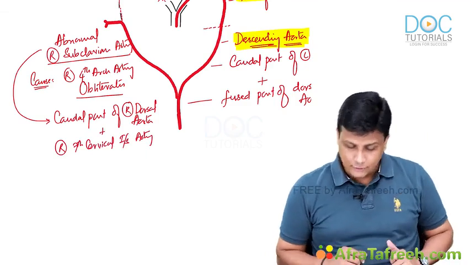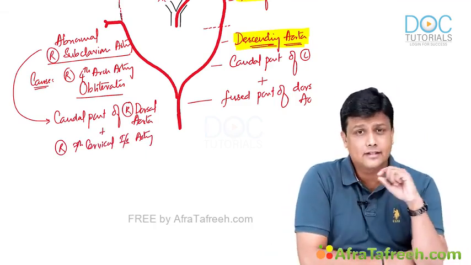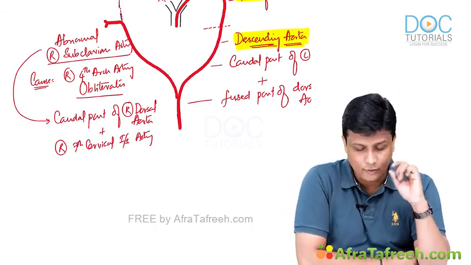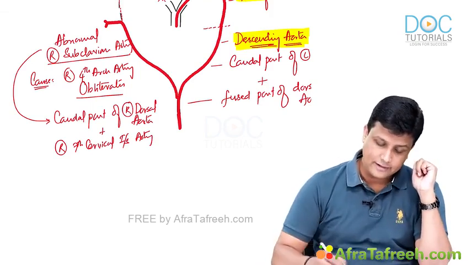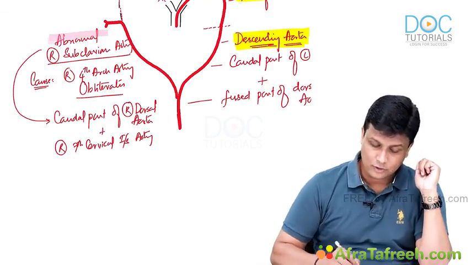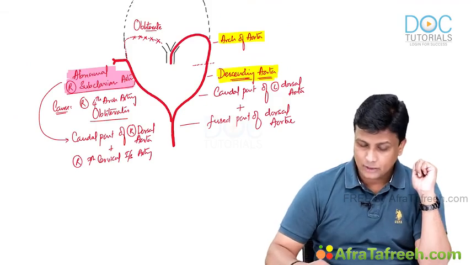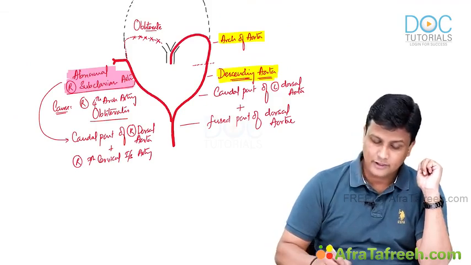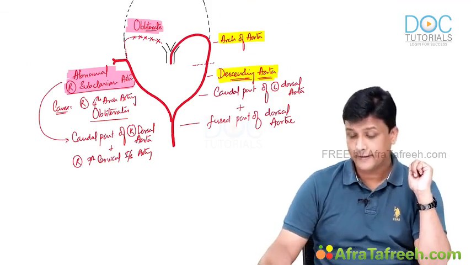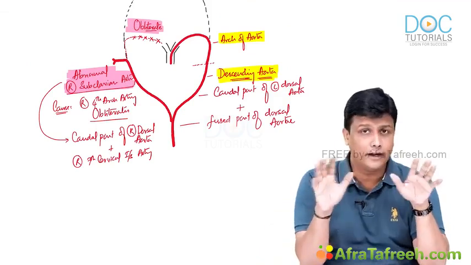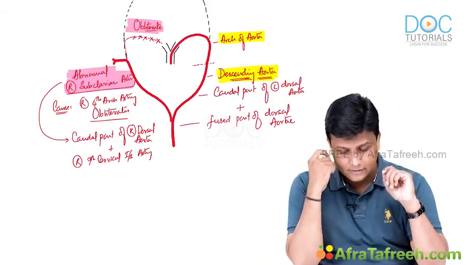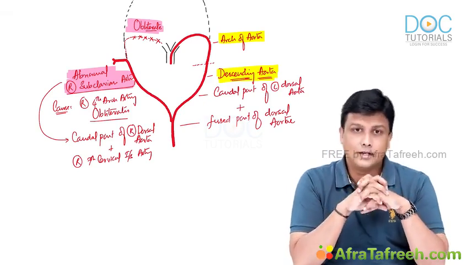Together, they are going to form the abnormal right subclavian artery. Hope the concept is crystal clear. But remember, all this is happening only because of the obliterated right fourth arch artery. If the right fourth arch artery is obliterated, it will lead to the formation of abnormal subclavian artery.